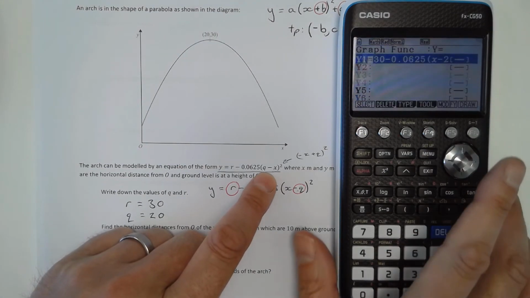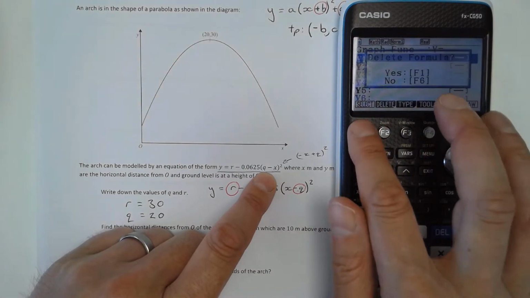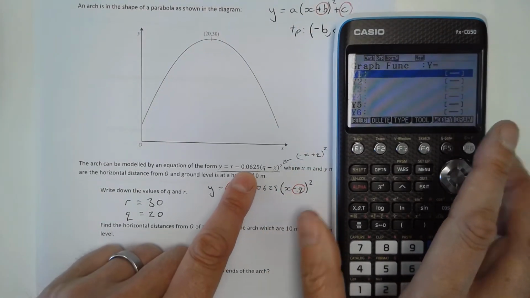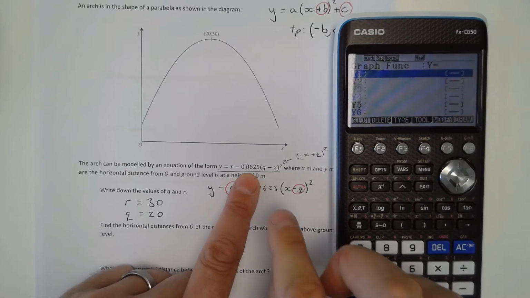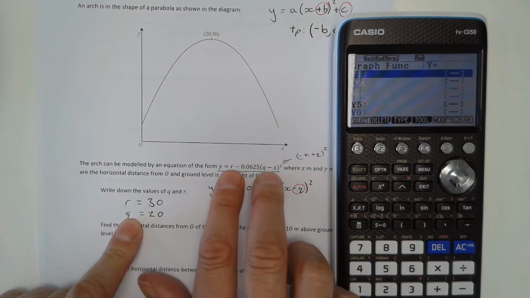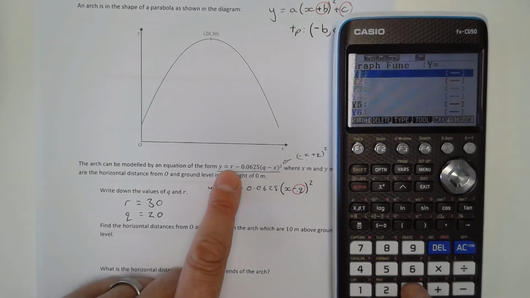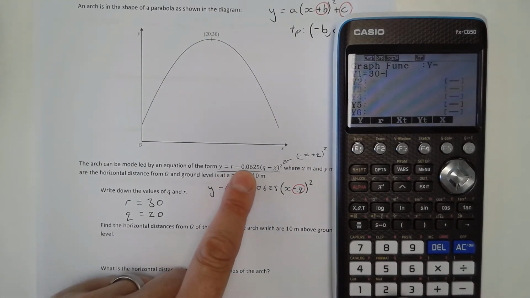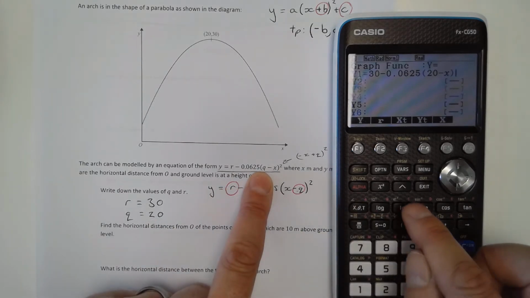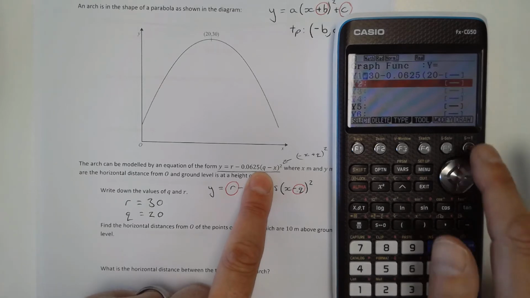And this is just a tip, I suppose, to use your calculator to check problems as you're going along. So I'm going to type in this equation with these values substituted into the original one. So 30 minus 0.0625 bracket 20 minus x squared, and let's see what it looks like.